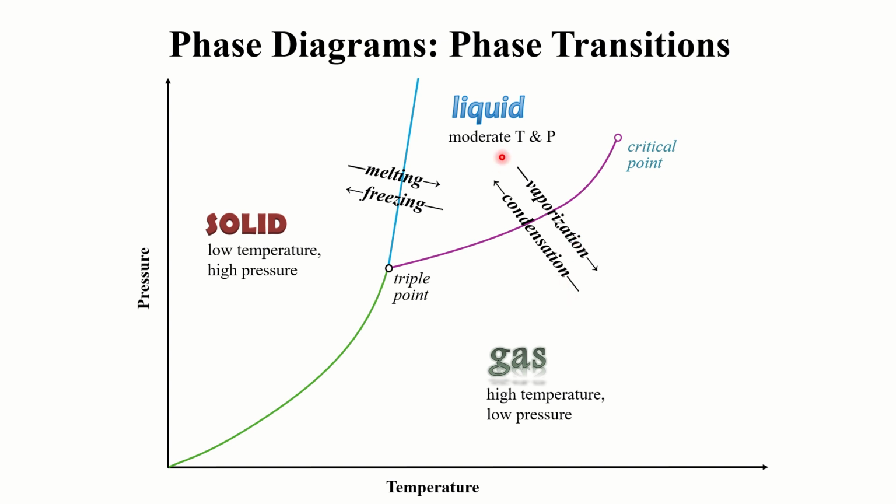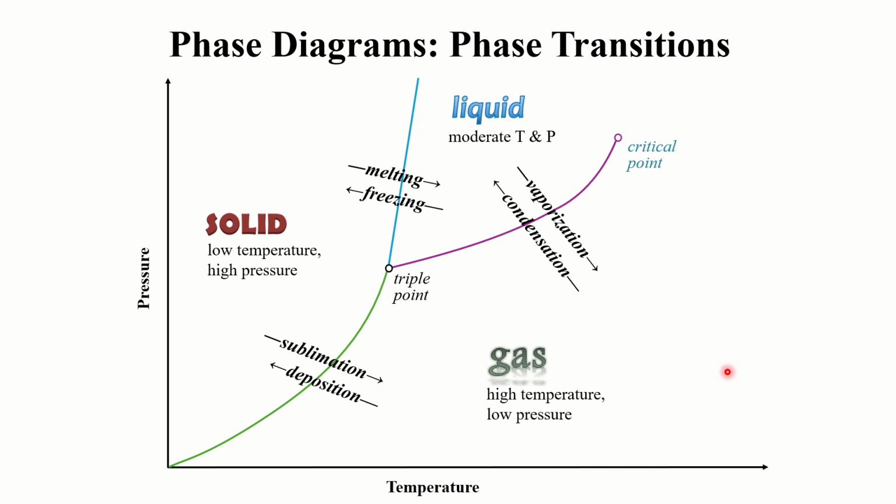And in this direction across the purple line, going from a gas to a liquid, this would be condensation. And then the tricky ones to remember, between a solid and a gas, so going across the green line from a solid to a gas, sublimation, and right to left across the green line from a gas to a solid, this is deposition.